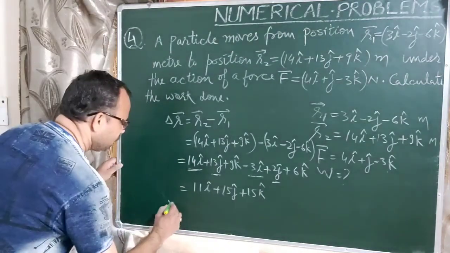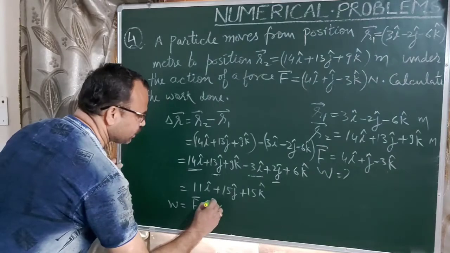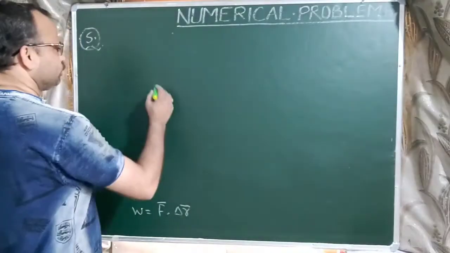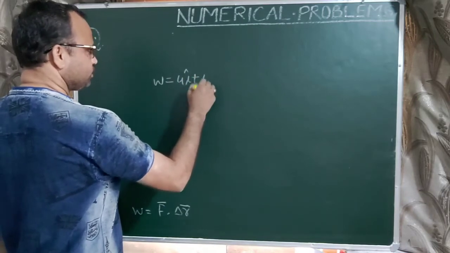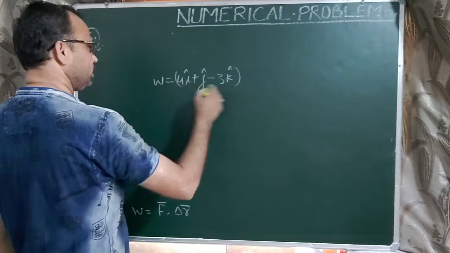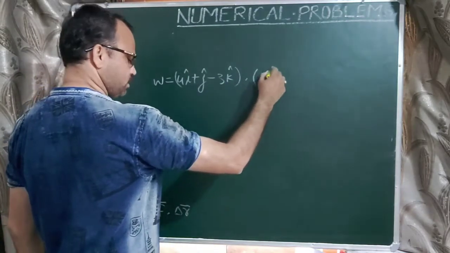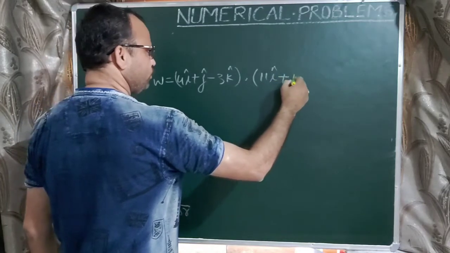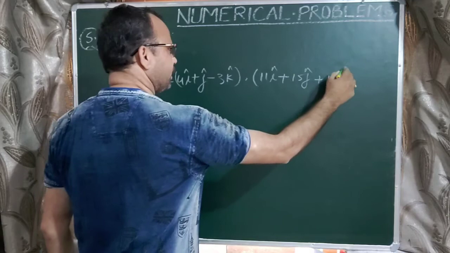After that, W is equal to F vector dot delta r vector. So W equals (4 i cap plus j cap minus 3 k cap) dot the value of delta r, (11 i cap plus 15 j cap plus 15 k cap).